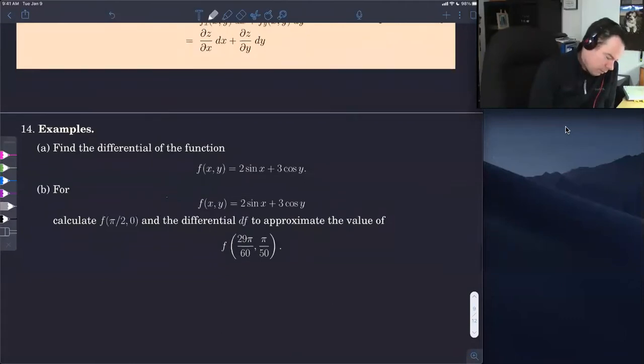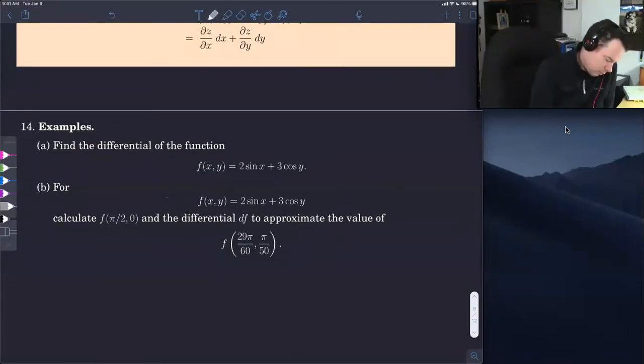So let's go ahead and find our differential for our function f here. The first thing we're going to do is work out the partial derivatives. The derivative with respect to x of sine is cosine, and then we also have our y partial, -3 sine y.